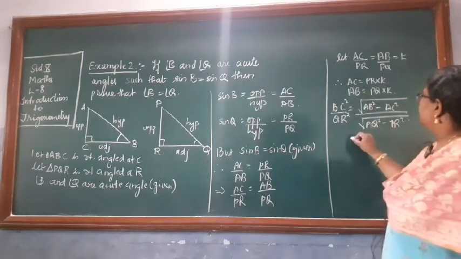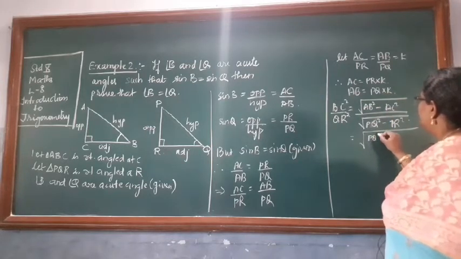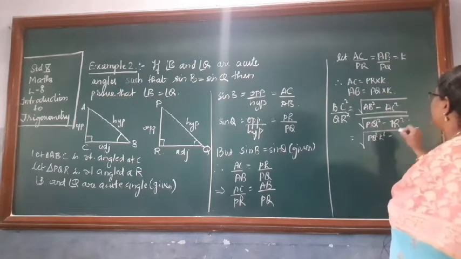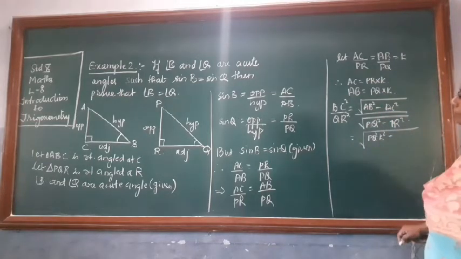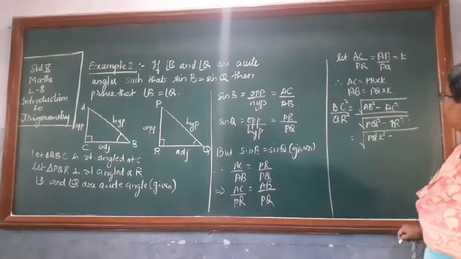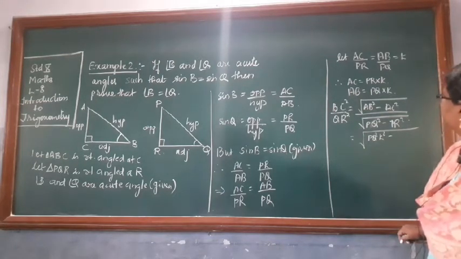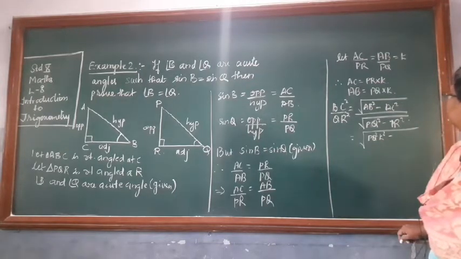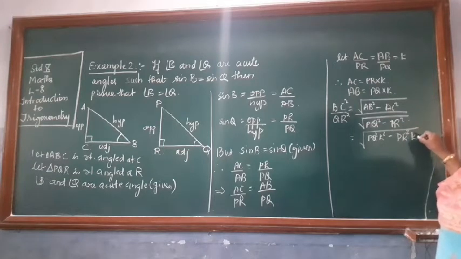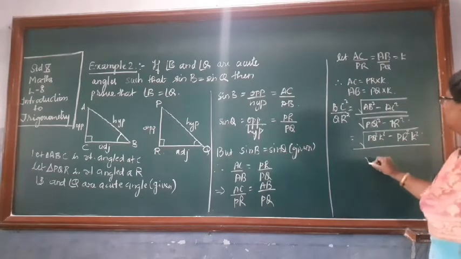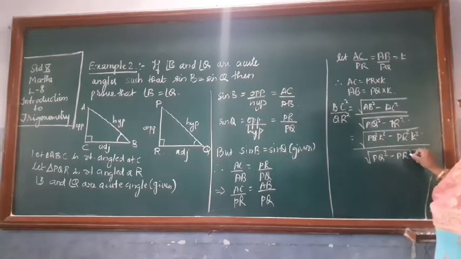So if I write it this way, what would be AB square? AB square will be PQ square K square minus AC square. AC square you have got as PR square K square, upon PQ square minus PR square.